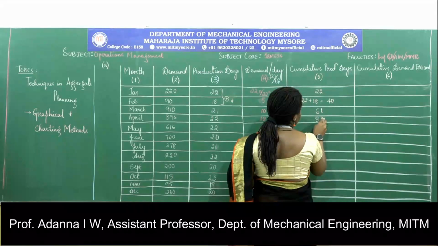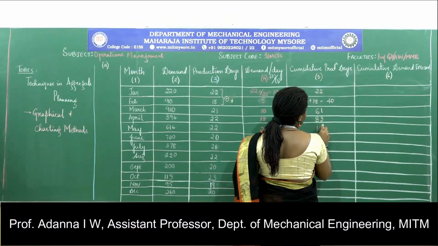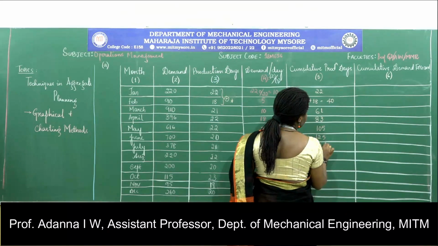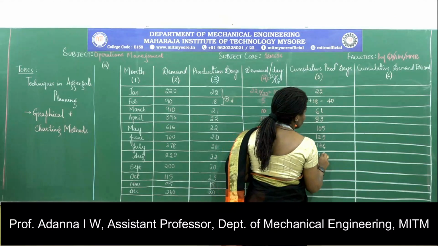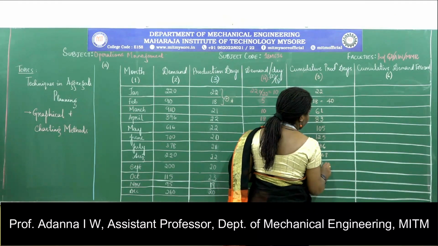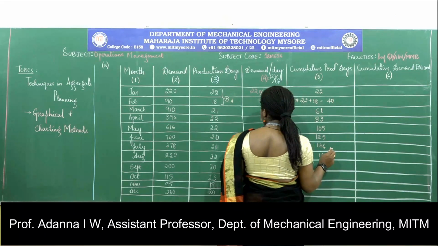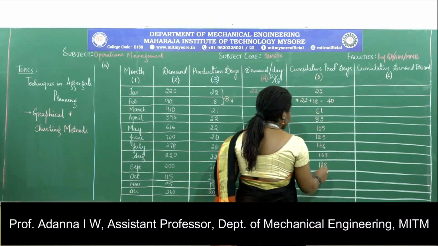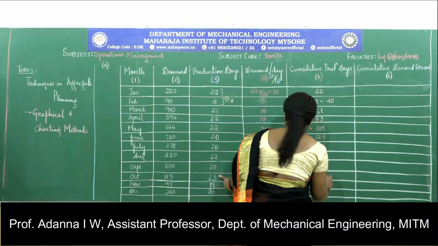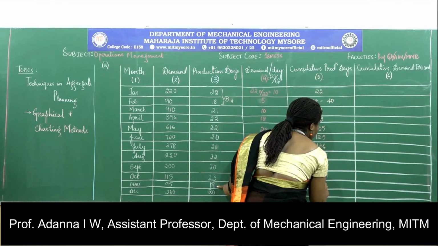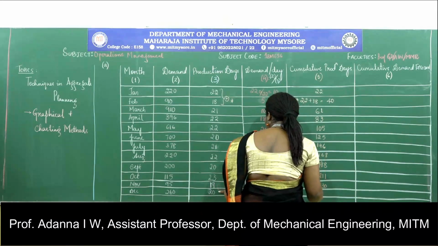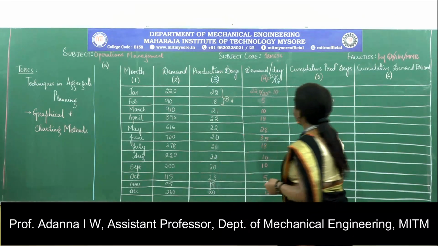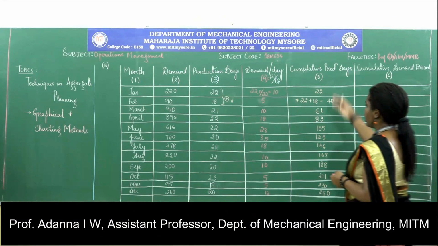In a similar way, we fill the entire table. 105, 125, 146, 168, 188, then we have 211, 230, and finally we have 250. So here we have filled the cumulative production days as well.